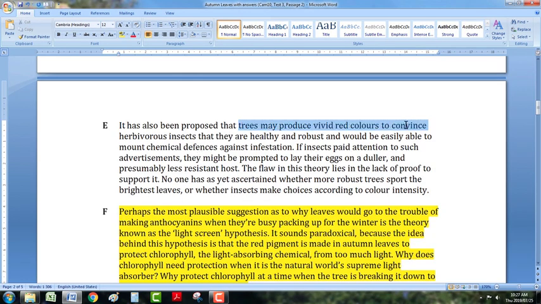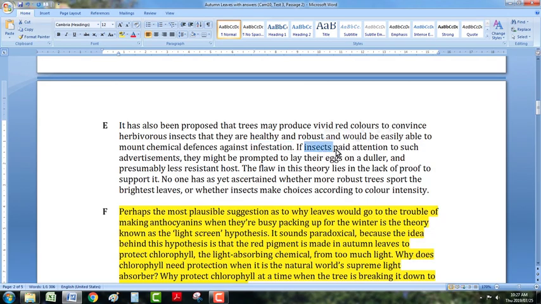The trees produce the colors to convince insects that the trees are healthy and would be able to defend with chemicals against infestation by the insects. So the trees produce the red colors to warn the insects not to infest them. Very difficult. That's kind of, we're getting into band 8, band 9 questions.